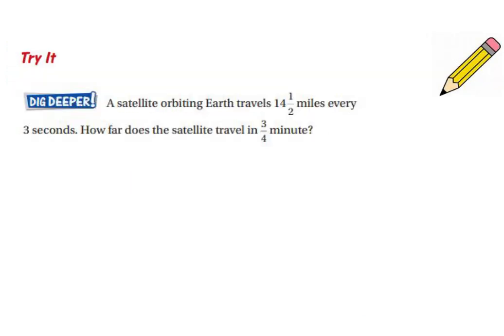Finally, let's try it. A satellite orbits Earth, traveling 14.5 miles every 3 seconds. How far does the satellite travel in 3/4 of a minute? So we'll go a table here. We'll go miles and minutes.